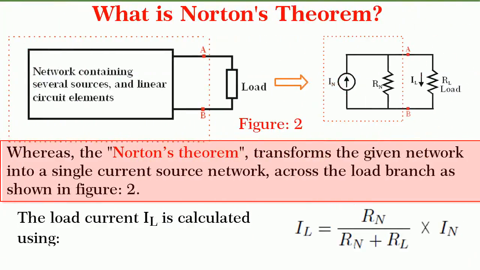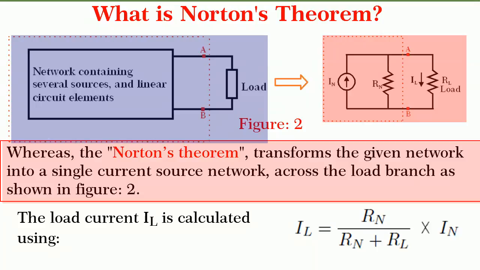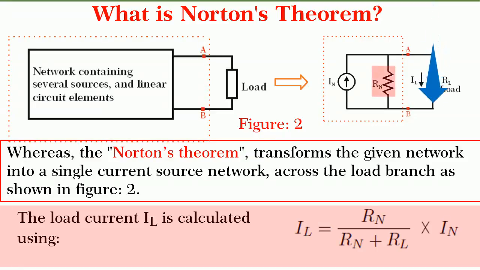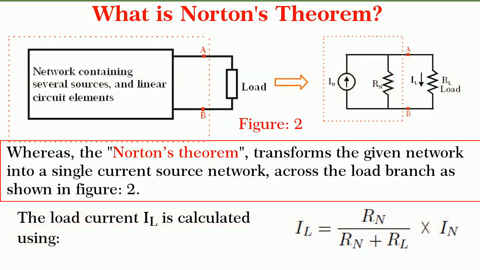Whereas Norton's theorem transforms the given network into a single current source network across the load branch as shown in figure 2, and the load current IL is equal to Rn divided by Rn plus RL into IN, where IN is called as Norton's current and Rn is called as Norton's impedance.